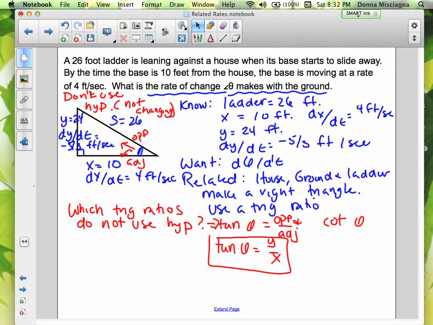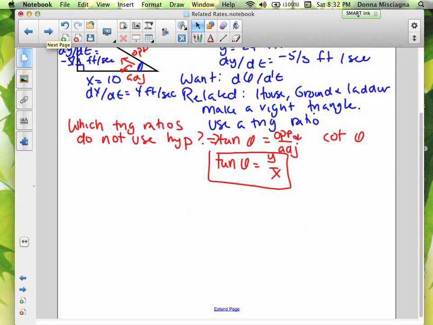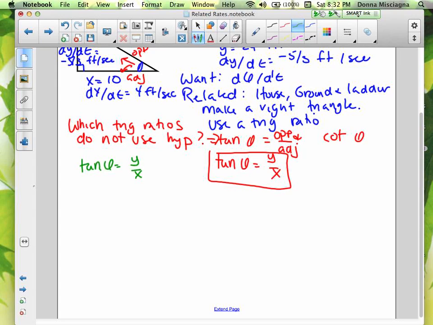I'm going to do just one more thing before we take the derivative. We use implicit differentiation. So we have tangent theta equals y over x. I'm just going to change this from being a quotient to a product by multiplying both sides by x.